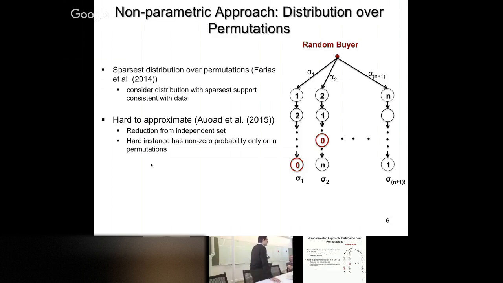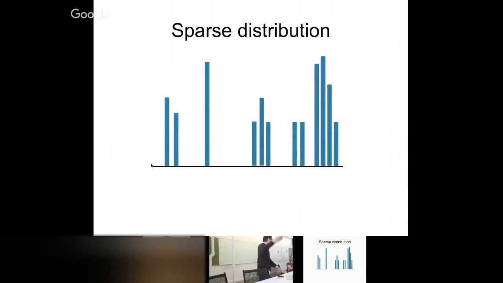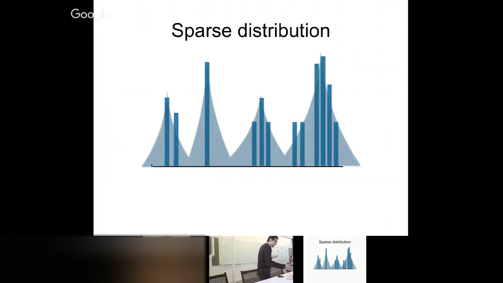That is one of the critiques that we had: if you have support over sparse distributions, let's say over permutations 1, 2, 3, 4 and 4, 2, 3, 1, it's unlikely that there's no probability of 2, 1, 3, 4. So a smoother distribution is more natural and in fact more robust as well. That was another motivation to consider a smooth model, of which Mallows is an instance.